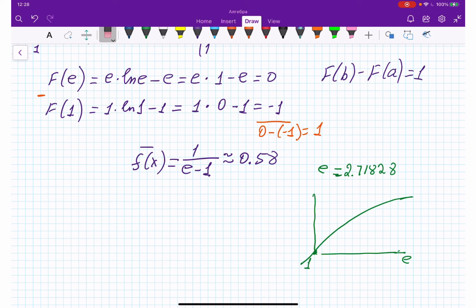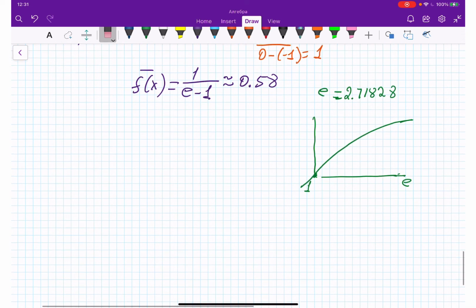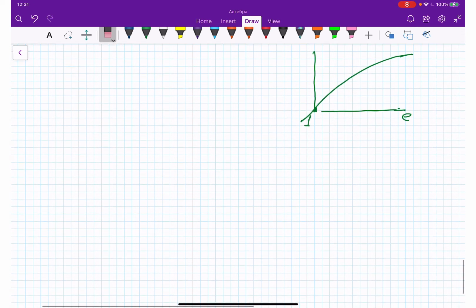All right, moving to the next question. Solving the next one, the last one. Let's say we have y equal to tangent x, and we need to find the average of tangent x on the interval 0 to pi over 3.